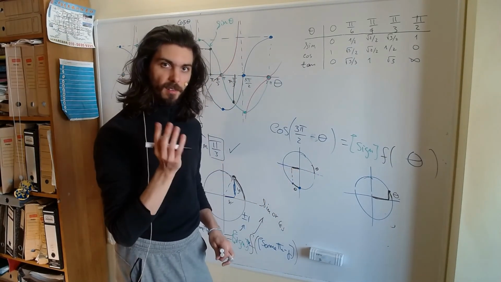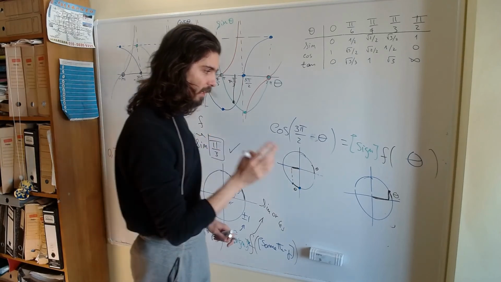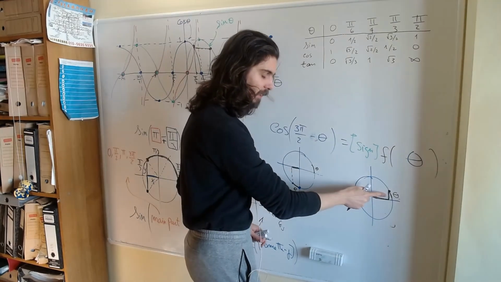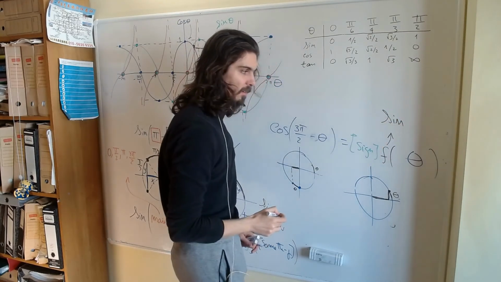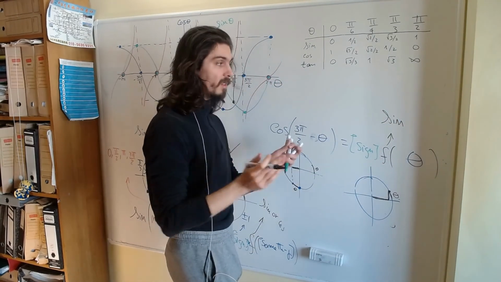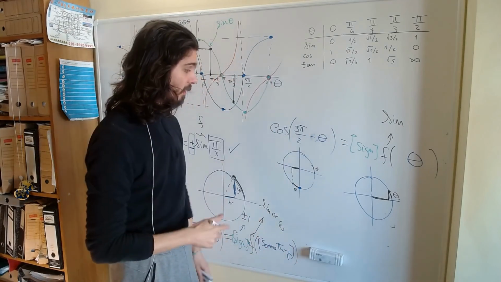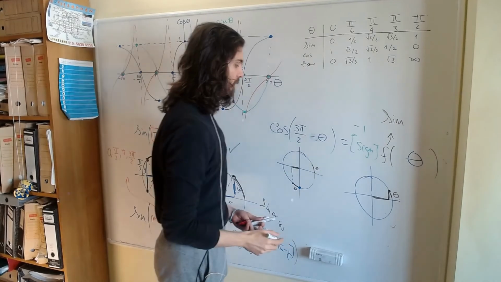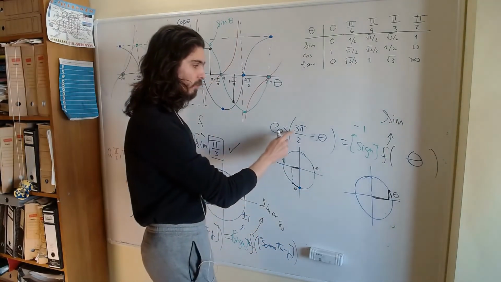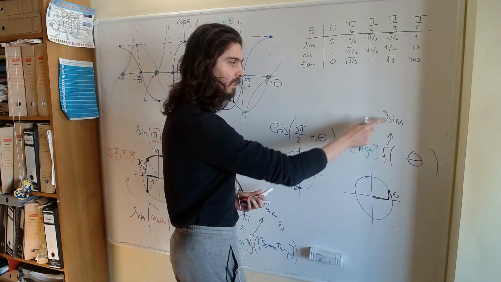Except for the minus sign. Can you see? Okay, but if it's this distance, it means that f is in fact the sine, because you have to pick the y-coordinate, and the sine, that's what it does, and you have to choose the sine to be minus 1. So you conclude that cosine of 3 pi over 2 minus theta is minus sine of theta.